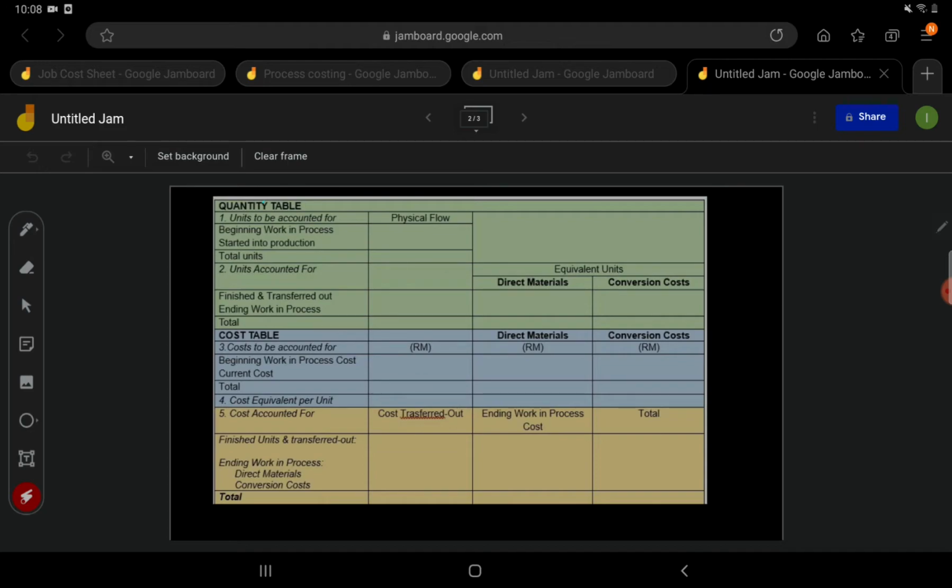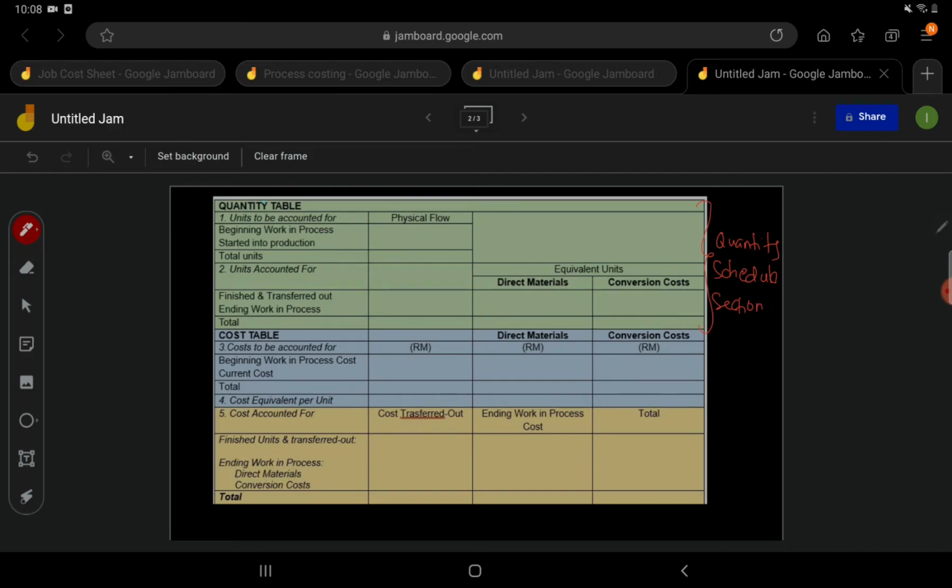Okay, a production cost report consists of the following three sections or parts, right? The first part is the quantity schedule section.